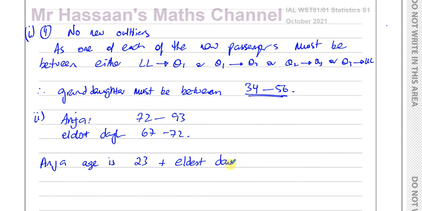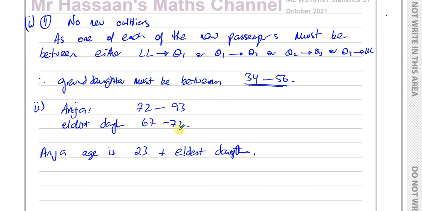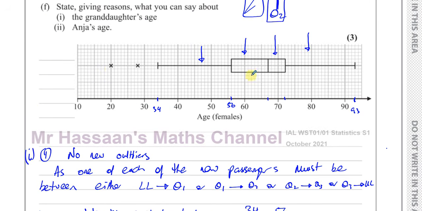Okay, so that means the eldest daughter can't be less than 67, because she has to be in this third category, because you're going to have the granddaughter, the first daughter, the second daughter, and then this is going to be Anja. So the eldest daughter has to have a range between here.